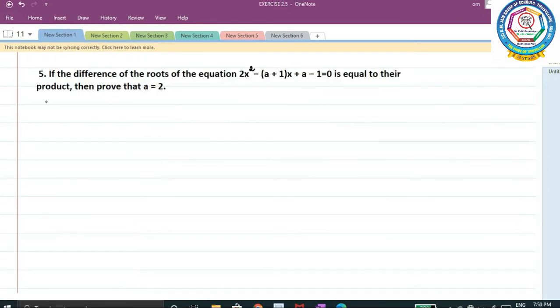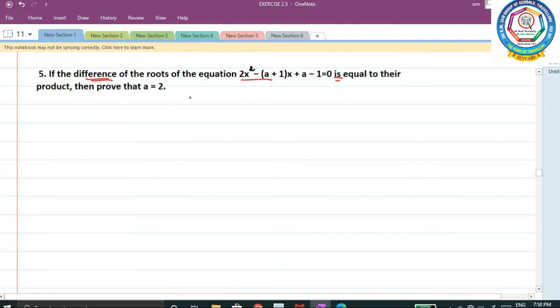Sum number 5. If the difference of the roots of the equation 2x square minus (a plus 1) x plus a minus 1 equals 0 is equal to their product, then prove that a is equal to 2. So the difference of these roots is equal to their product.